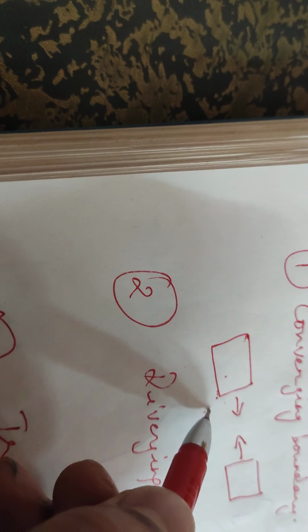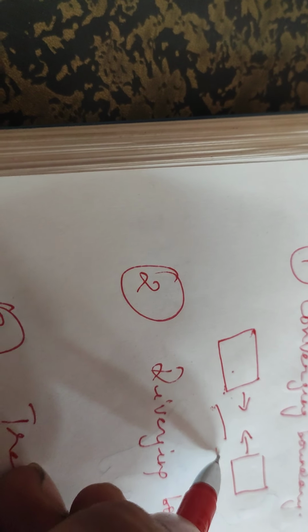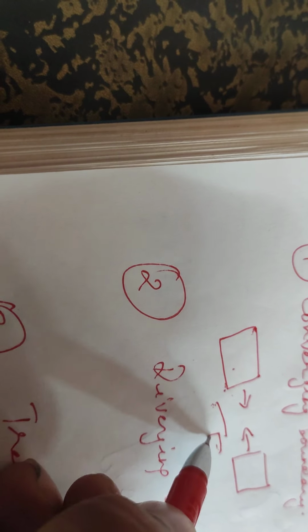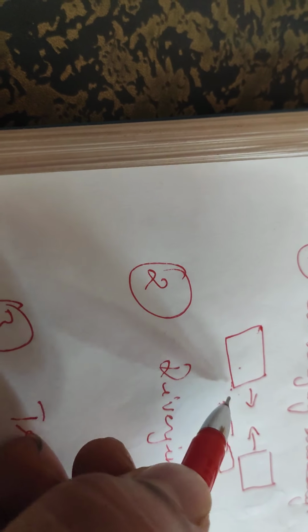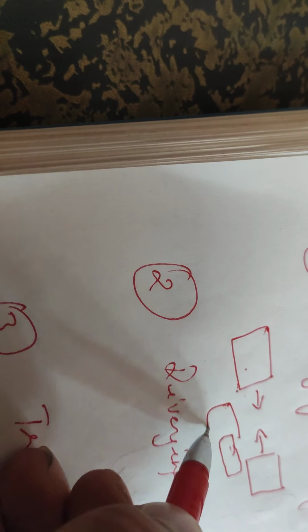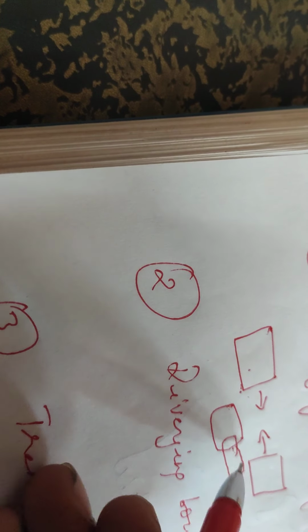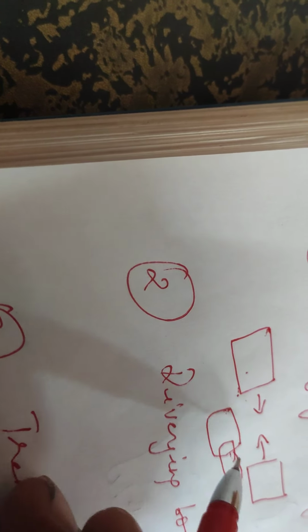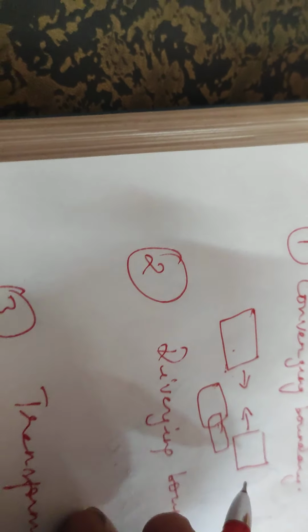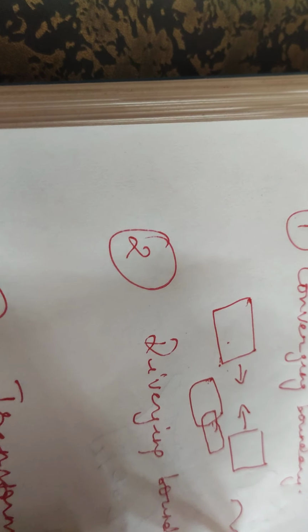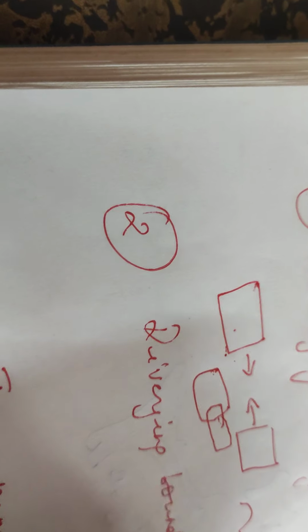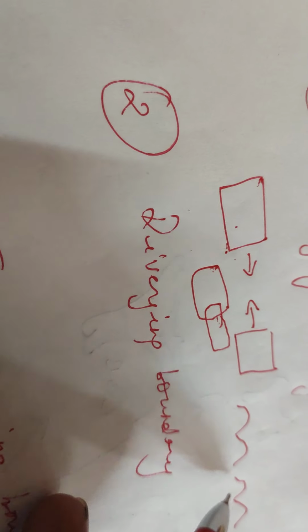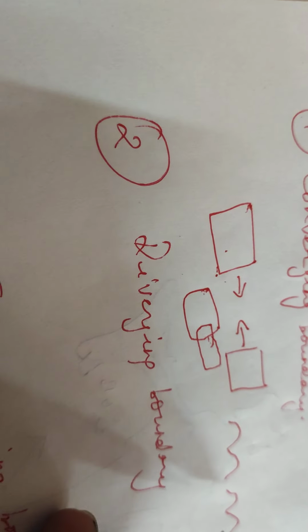The weaker plate will go like this, and the stronger plate will be above it. Because of it there will be volcanic eruption, and this is how the fold will be created, resulting in the formation of mountains.